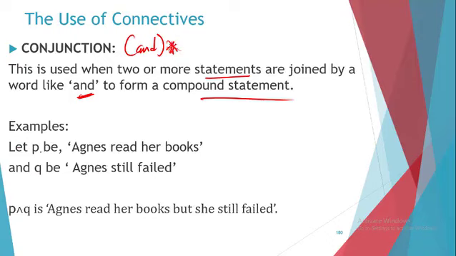Let's take P to be equal to Agnes read her books, and Q to be equal to Agnes still failed.